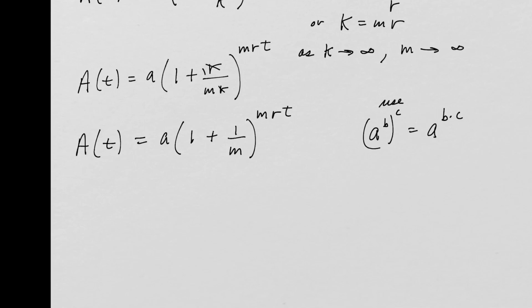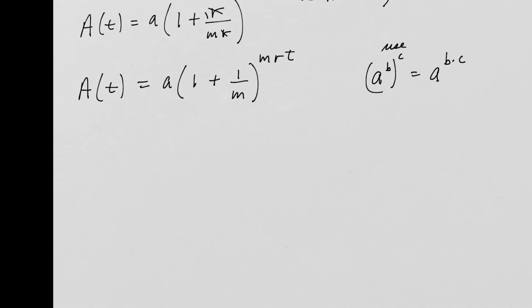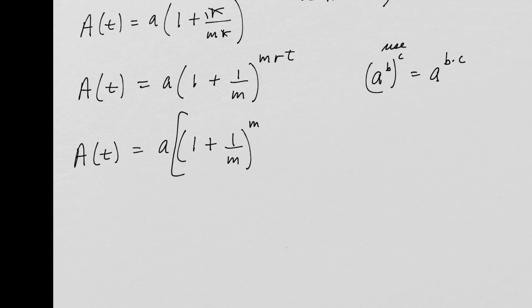If I start with a to the b times c, that's the same as a to the b, all raised to the c. So I'm going to write my previous function in a slightly different way. I'm going to write it as 1 plus 1 over m to the m, and then I'm going to raise that to the rt.